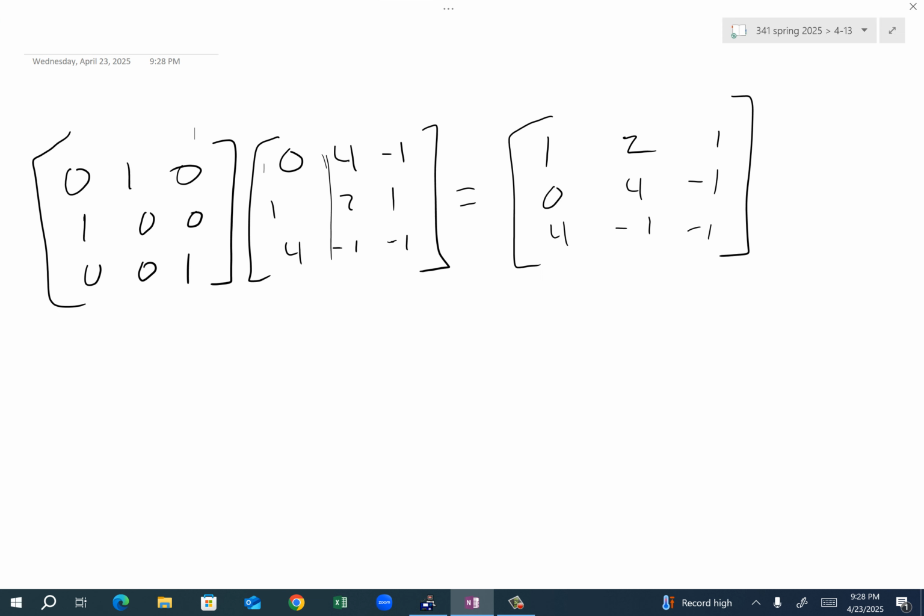Now, can I also move more than one if I wanted to? Sure, obviously. I can totally do that. Some of you are going, Jay, wouldn't it be cool if I also switched row 1 and row 3? Sure, if you wanted to. To do that, you would multiply by what? You want your top row now to be the bottom row, so 0, 0, 1. The middle row, you're just going to leave alone.